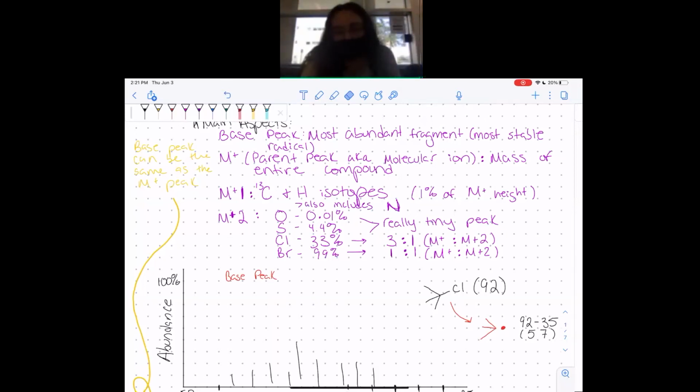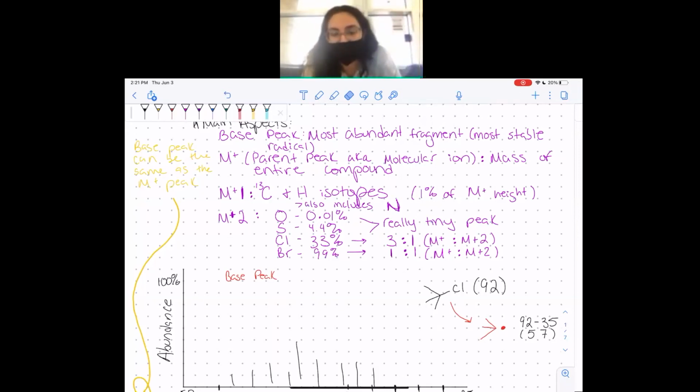Wink, wink, nudge, nudge. So, chlorine has a 33% abundance, which is essentially saying that if we have a chlorine present, we will have an M plus 2 peak that is 1/3 the size of the M plus peak. So that's what this ratio is telling you.